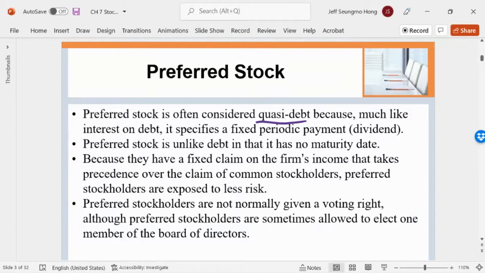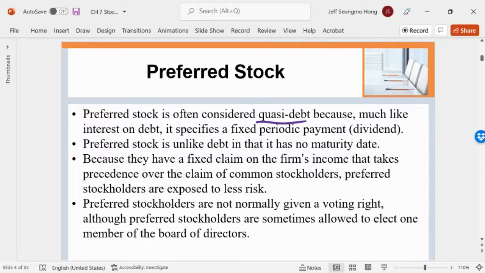Just like the coupon on a bond or interest on a loan, the preferred stock's payment is a fixed amount. In other words, it's not a percentage of the profit. If it were some percentage of profit, it would go up and down, but no, it's just like interest. That's why it is considered half debt.